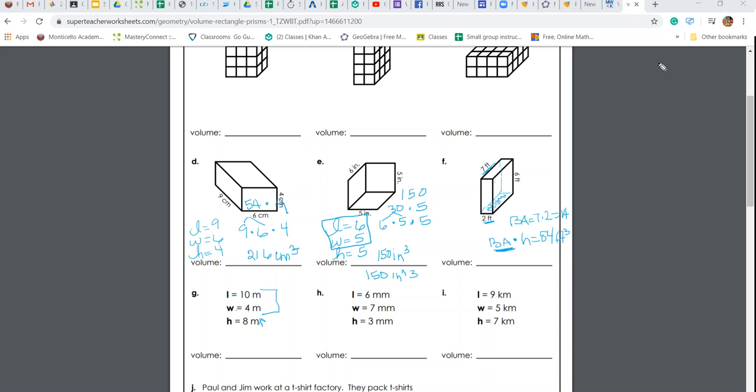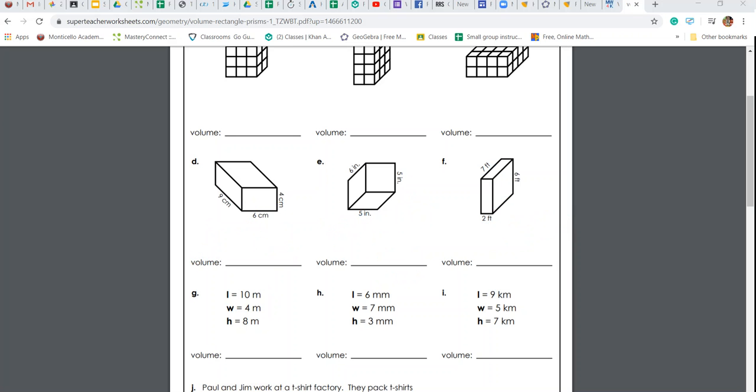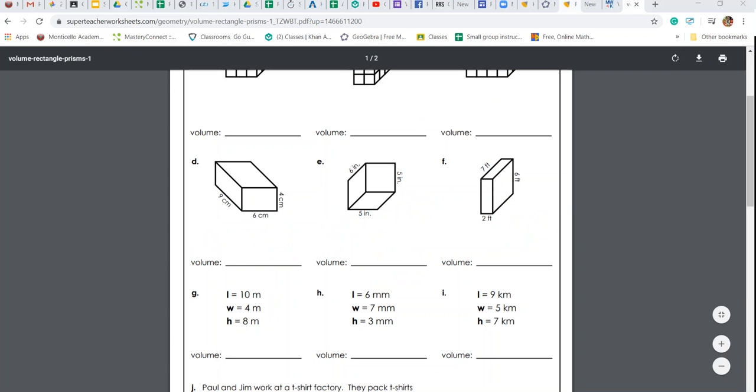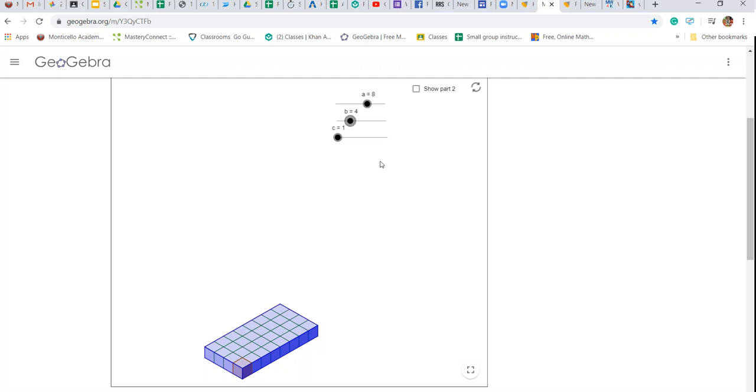Let me also, in this video, include some instruction on how to use the tool that we're going to be using today. I've included a link on GeoGebra. What you're going to have here in your activity pages in your workbook, it asks you to create certain rectangular prisms.